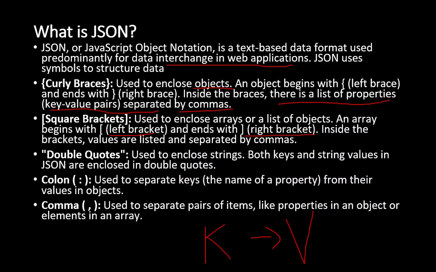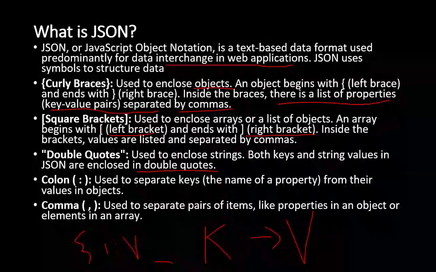Then double quotes: the keys and the string values are enclosed in double quotes. Then the colon. So it will be in this format: inside the curly bracket you will have key, then colon, and then value.